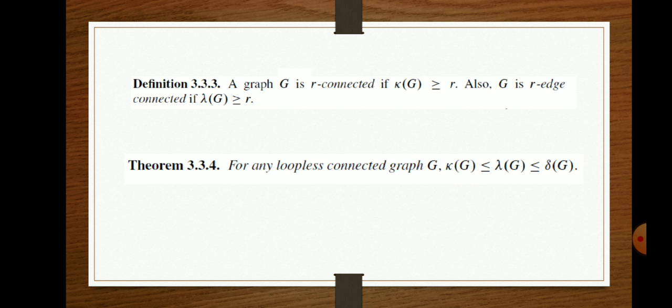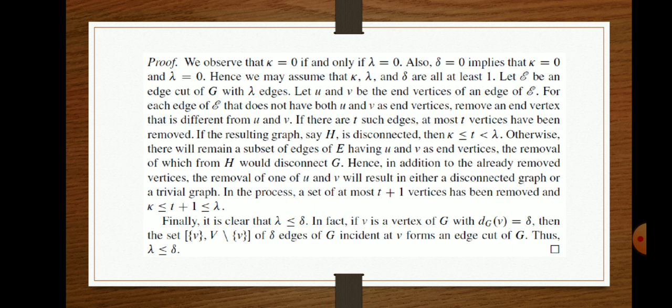For any loopless connected graph G, kappa of G is less than or equal to lambda of G, which is less than or equal to delta of G. That means the connectivity of a given graph is less than or equal to the edge connectivity, lambda of G, which is less than or equal to the minimum degree of G. These are the inequalities relating the connectivity, the edge connectivity, and the minimum degree of the given graph G.